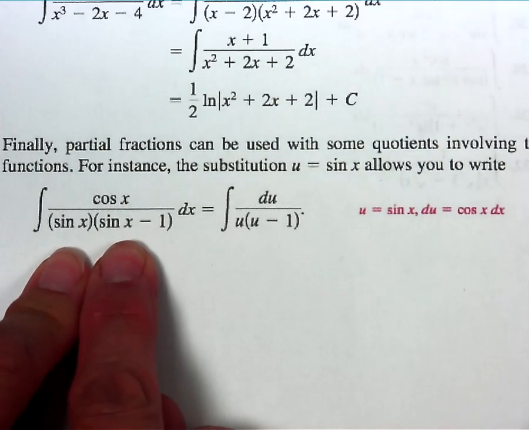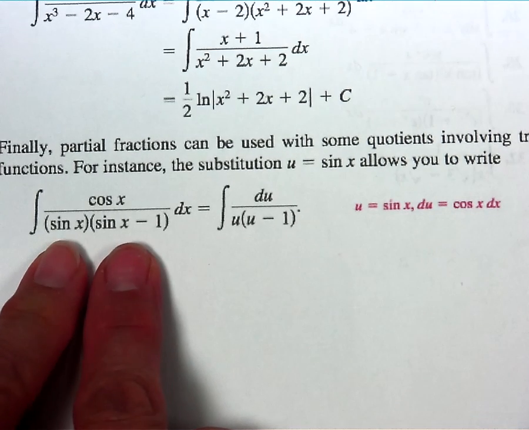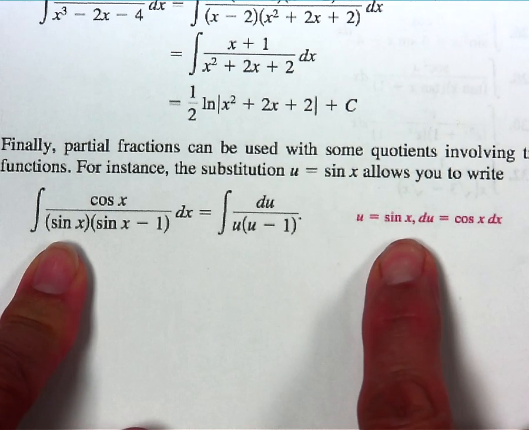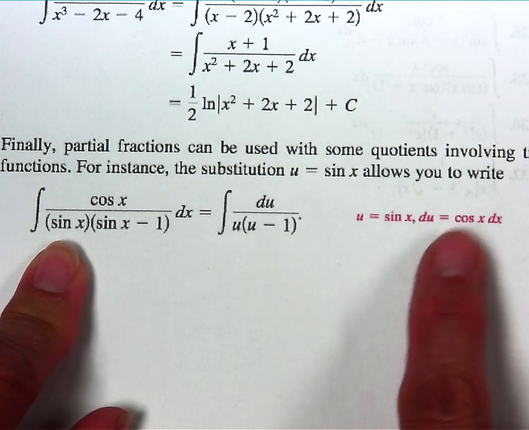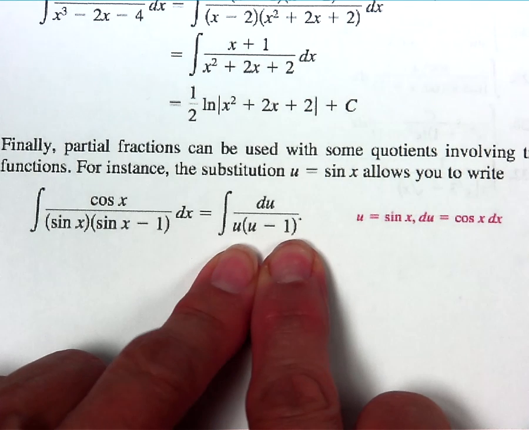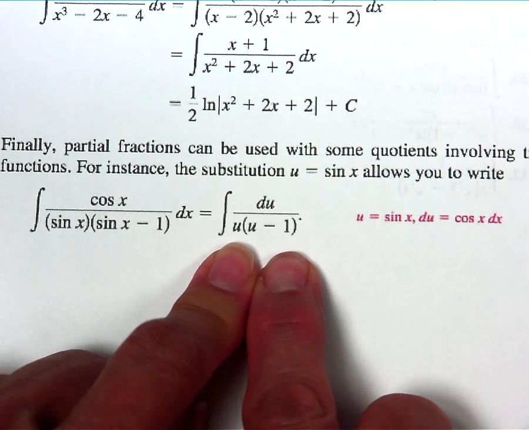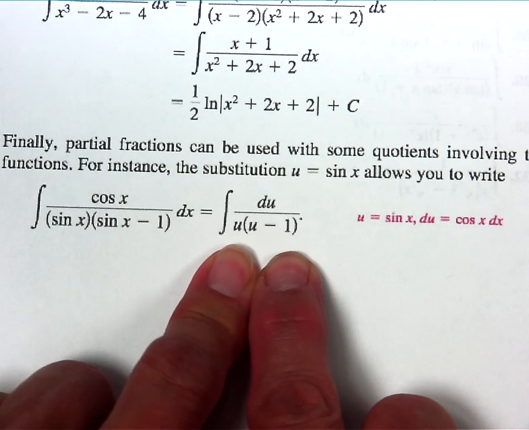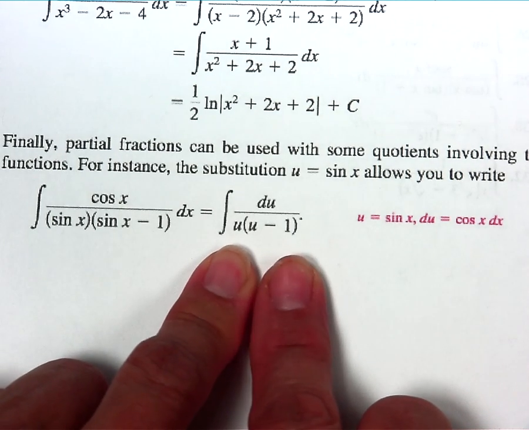Look at that example. It's formal substitution. If you let u be sin x, then du would be cosine x dx. You can rewrite that all in terms of u and use partial fraction decomposition with resubstitution at the end. It sounds scary. It's not as bad as it sounds.